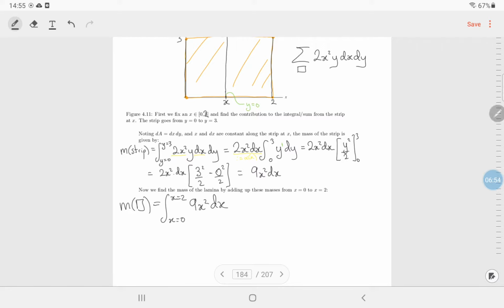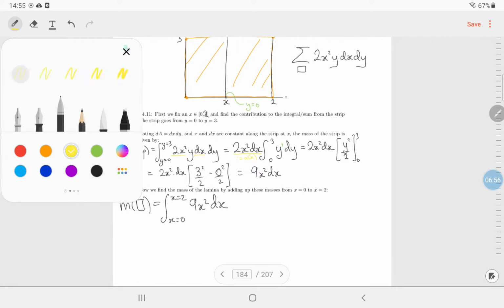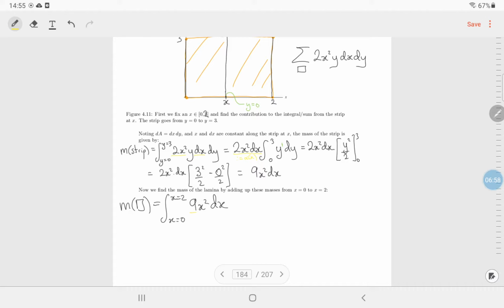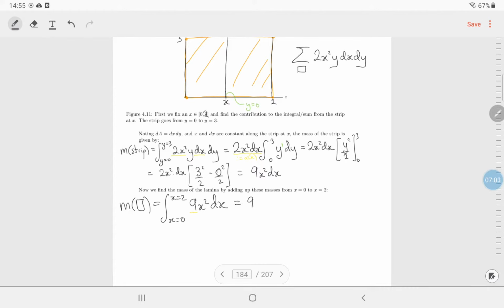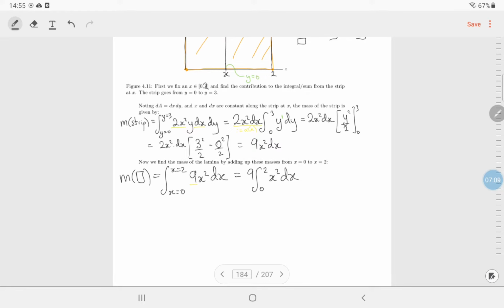Here 9 is a constant, so fix the 9, and you've got the integral from 0 to 2 of x squared dx. As I said, the actual integration I give you will not be too difficult, and I've already given you the assignment, so you can see it's not going to be too difficult.